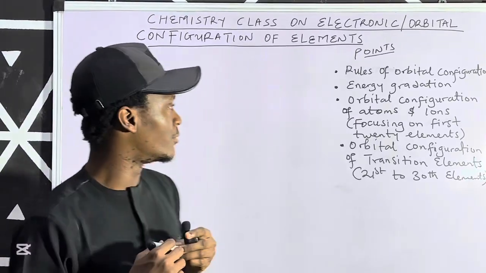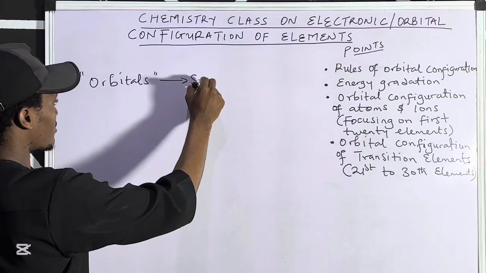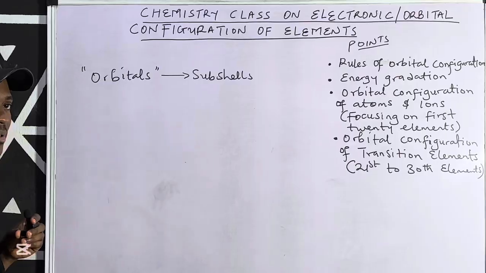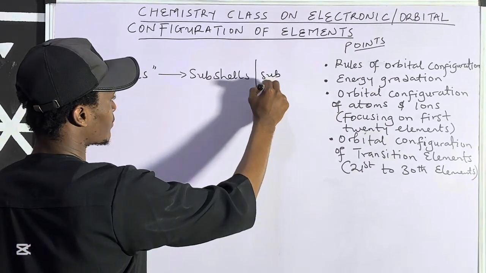All right. So orbitals are also regarded as subshells. So when you hear the word subshells, just know it's still known as orbitals, or you can call it sub energy levels.